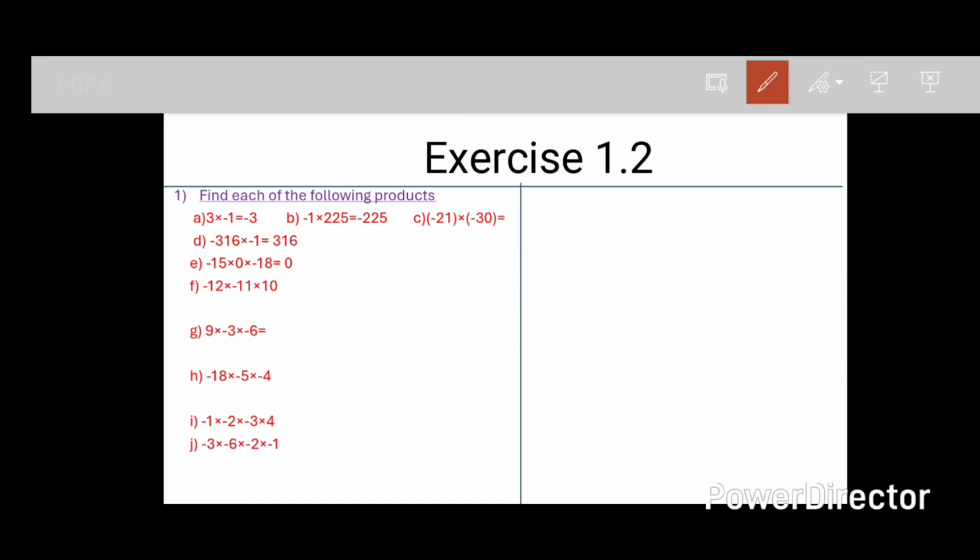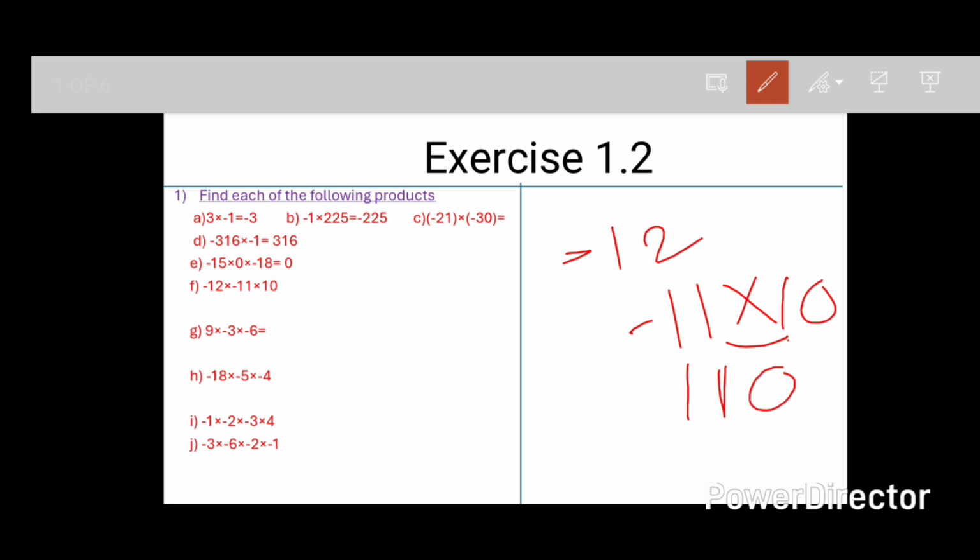Okay. Now I'm choosing minus 12, keep it separate. I'm choosing minus 11 and into 10. Now multiply. 1 ones are 1, again 1 ones are 1, keep the 0 after the 11. The answer becomes minus 110.